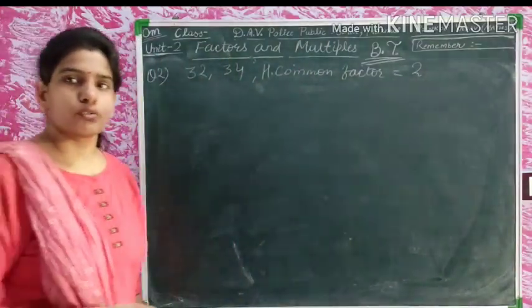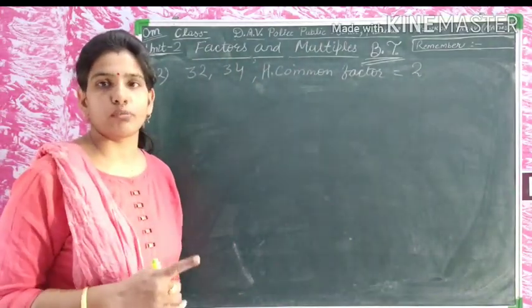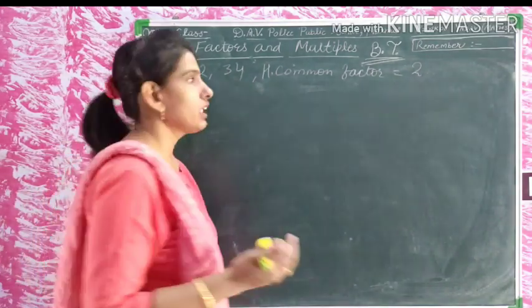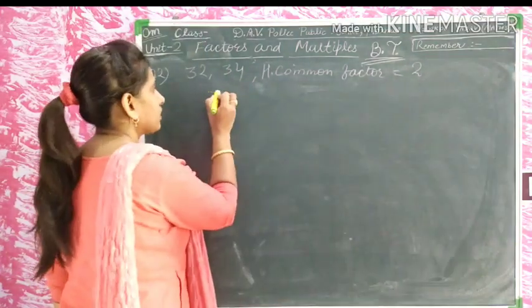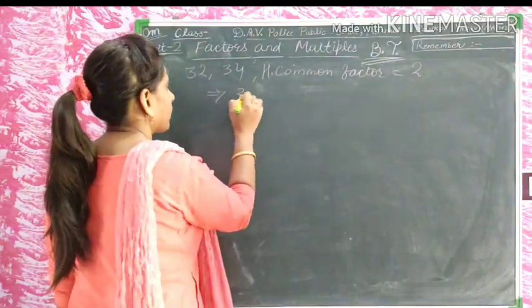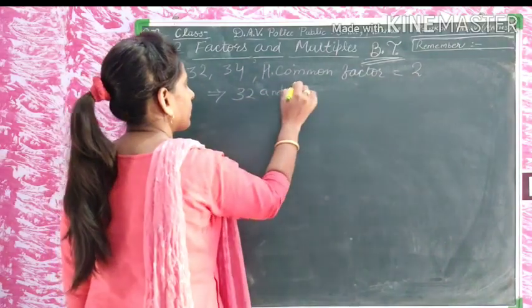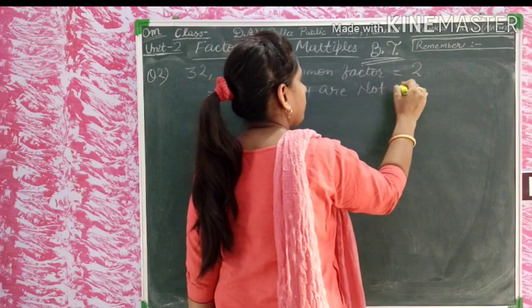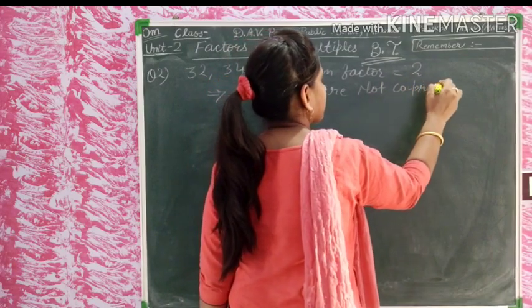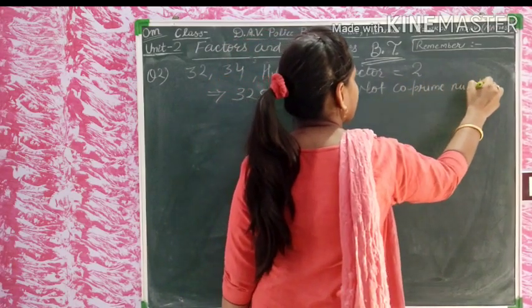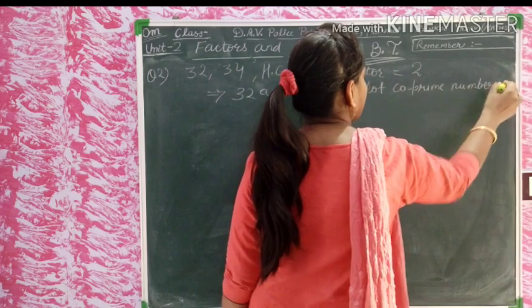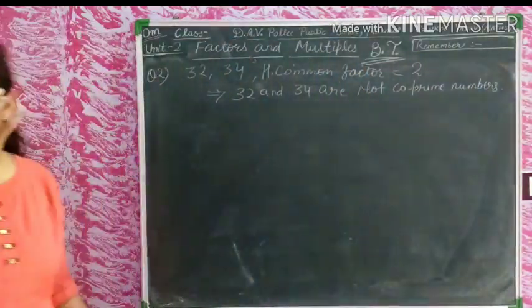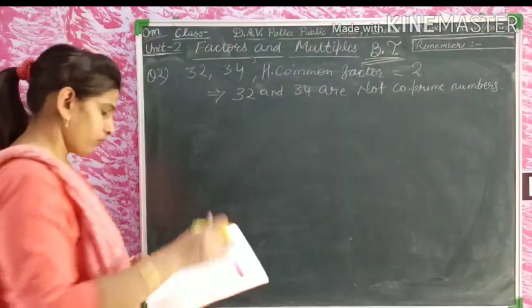But for co-prime numbers it should be 1. Is this clear? It implies 32 and 34 are not co-prime numbers. Is this clear, students?